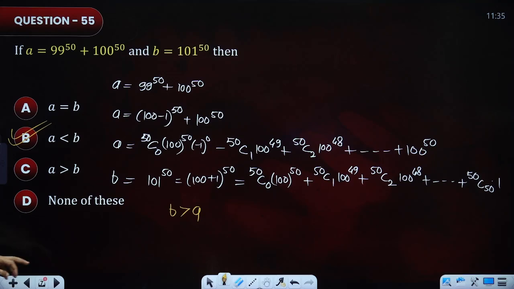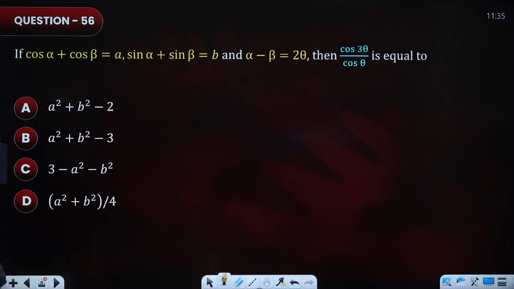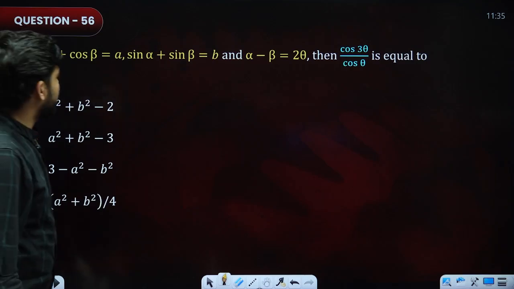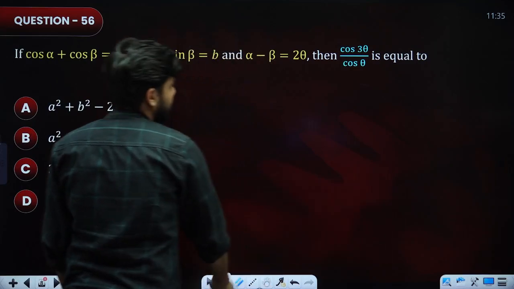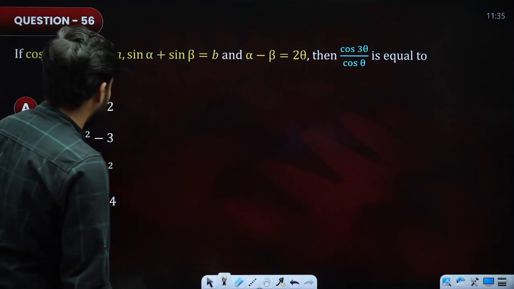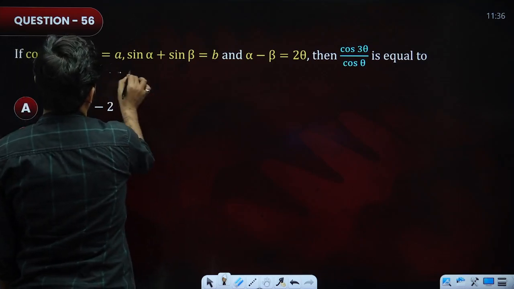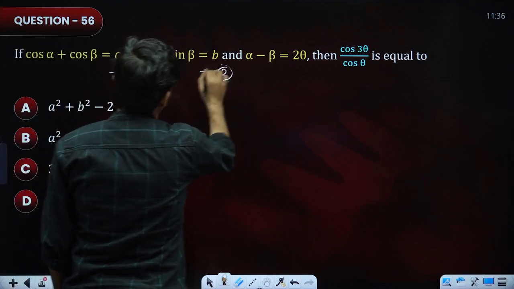Next question we have question number 56. If cos alpha plus cos beta equals A, and sin alpha plus sin beta equals B, we have to find cos 3 theta upon cos theta. So this is your equation 1, this is your equation 2.